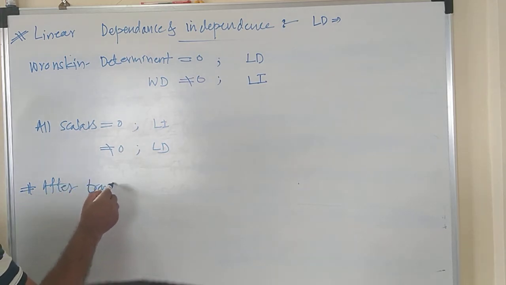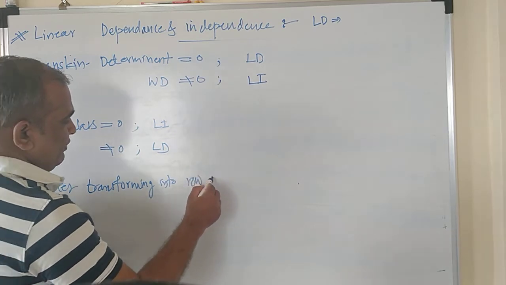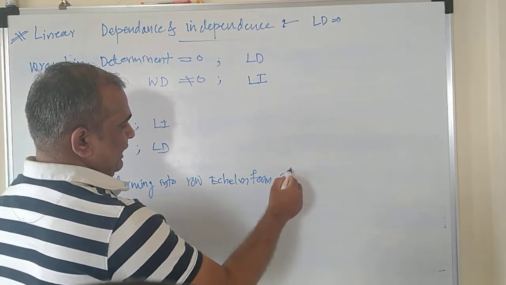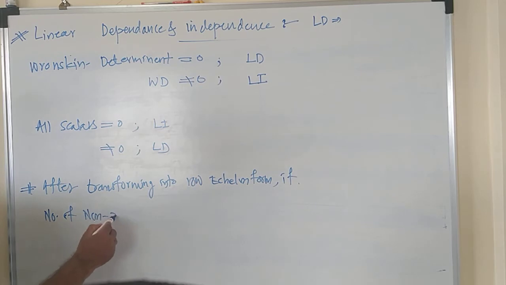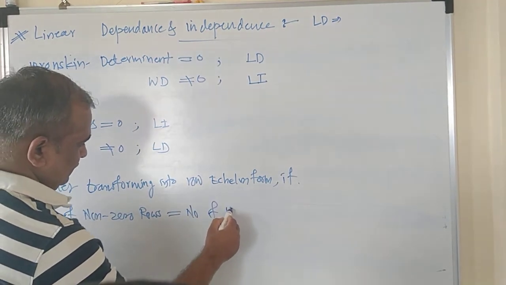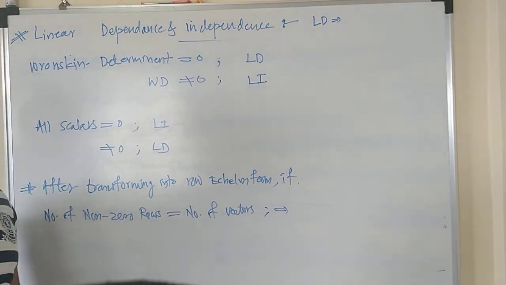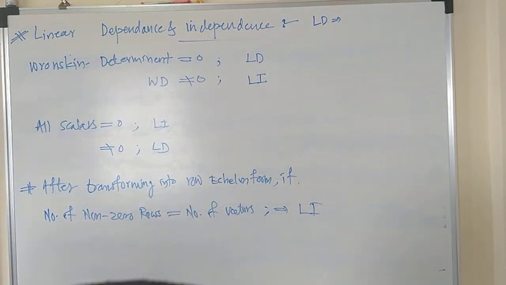After transforming into row echelon form, if the number of non-zero rows and the number of vectors are exactly equal, then the given set of vectors are said to be linearly independent vectors.